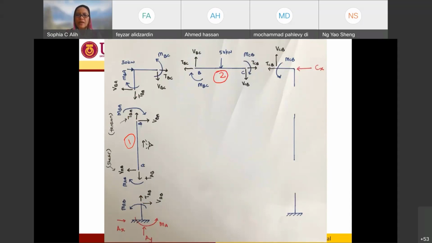After you have determined your end moment at MBC and also the end moment at C, which I note as MCB, then using the simple equilibrium, you are going to be able to determine your shear force VBC and also VCB.